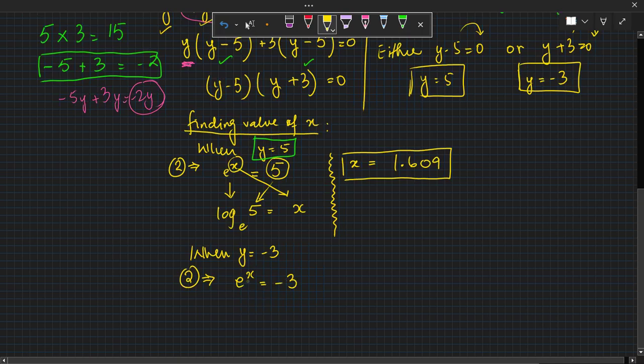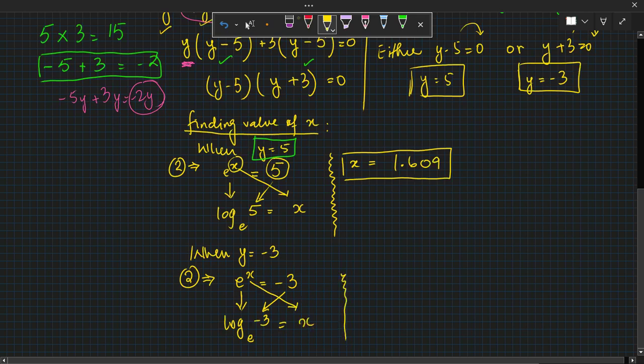Now you are going to convert this exponential x into the logarithm form. So you will write logarithm, the base remains e, the minus 3 becomes the argument, and x is going to be your value, right?